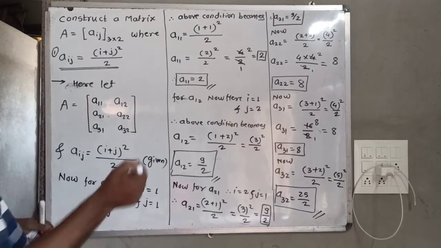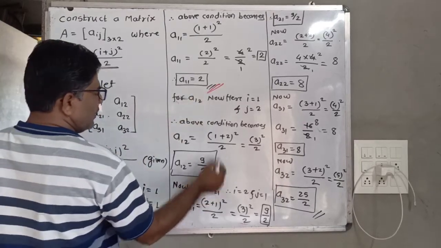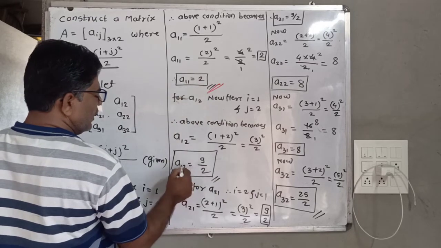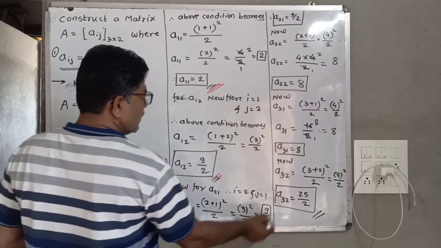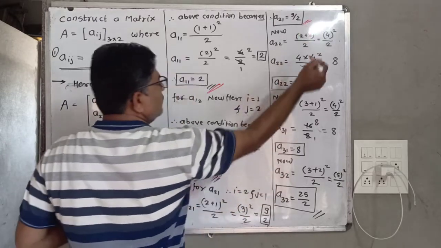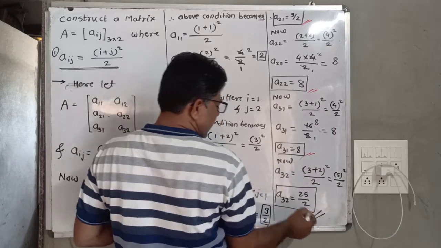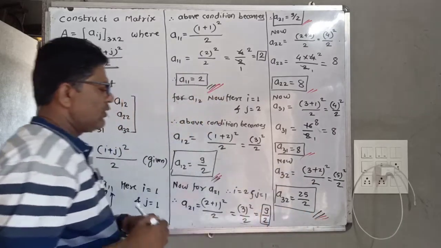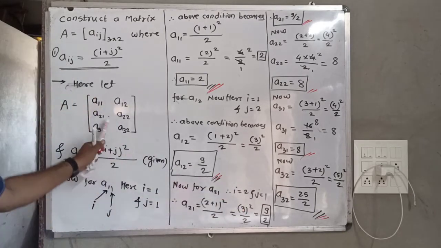Our first element is A11 equal to 2, A12 equal to 9 by 2. Here A21 equal to 9 by 2, A22 equal to 8, A31 equal to 8 and A32 equal to 25 upon 2. Just put all these values here.